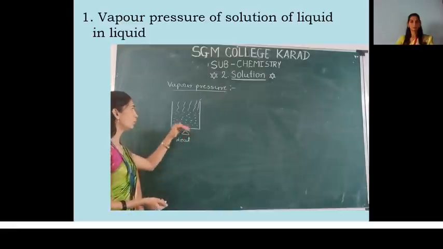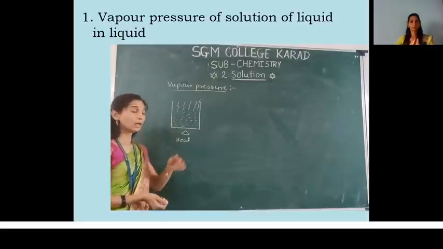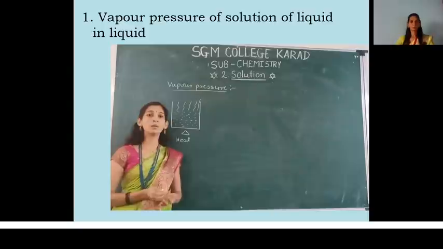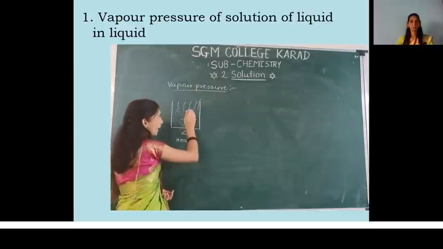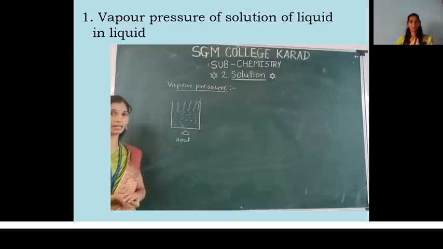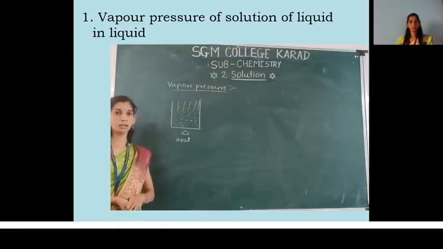That liquid is converted into the vapors. These are the vapors. Conversion of liquid into the vapor is nothing but our evaporation process. And the evaporation rate increases, vapor pressure goes on increasing.